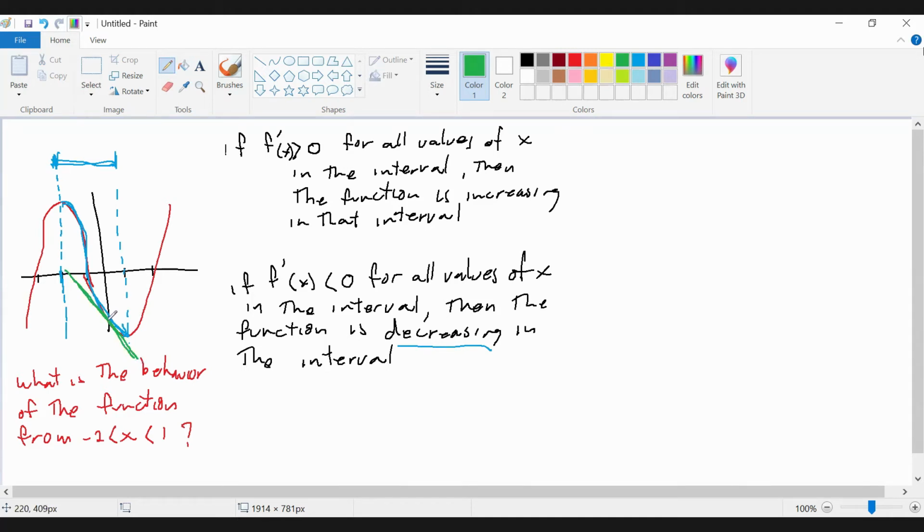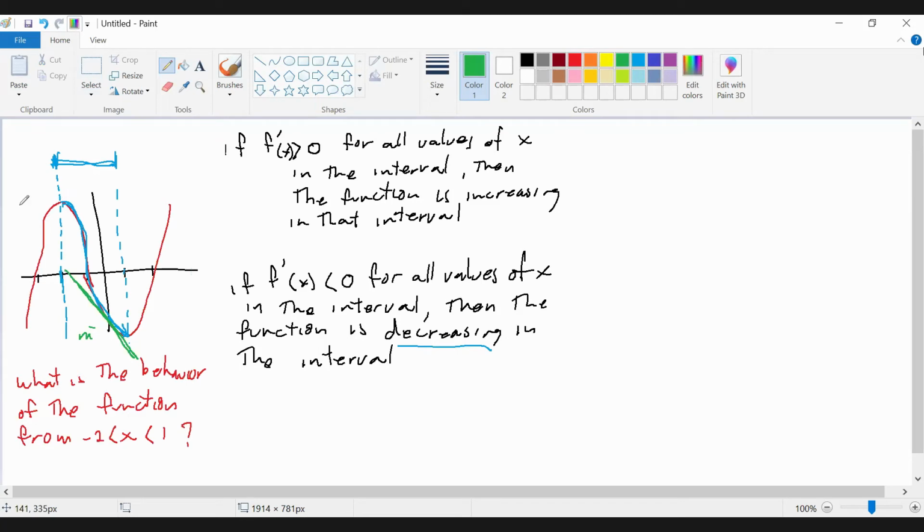So it all ties with our lessons before. If the gradient is going this way, the gradient is actually negative. That's the reason why, if it is less than zero, it's a decreasing function.